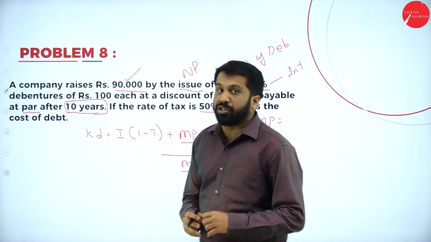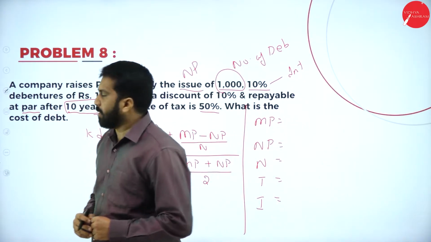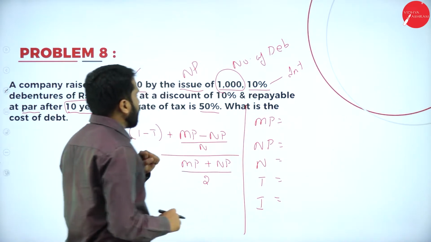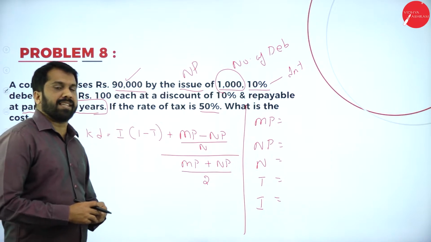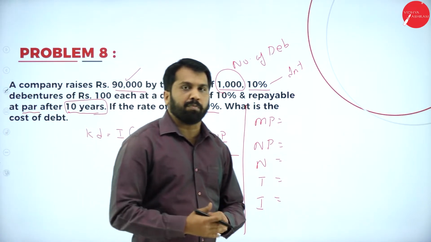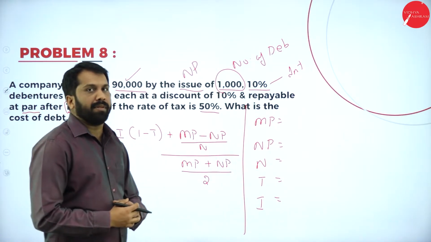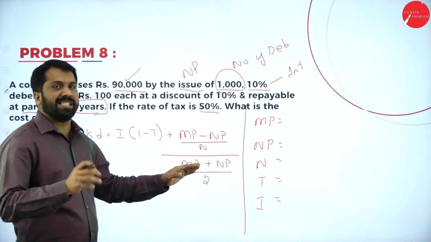These are the information we require to calculate your problem. Now, what does MP stand for? MP means we call it marginal price, the redemption price. Redemption price I'll come to later. We'll go for the easy part.